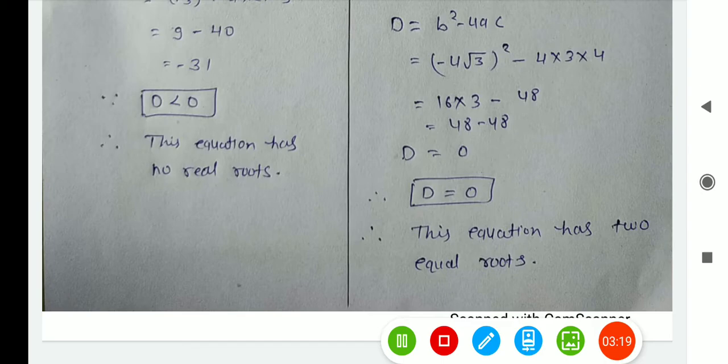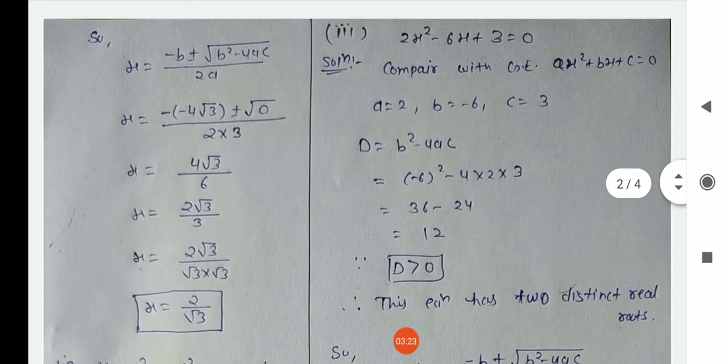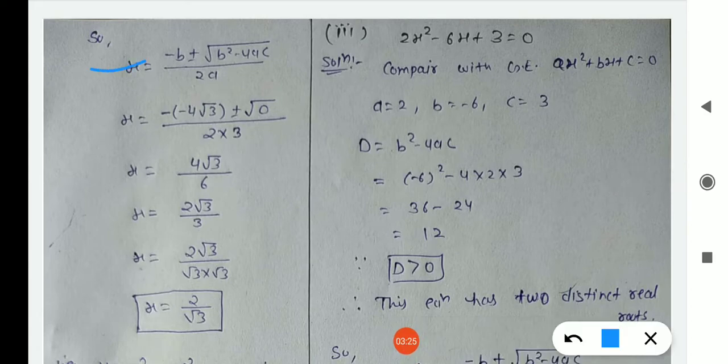It means the equation has two equal real roots, and if real roots exist, then we find them. So we use the quadratic formula: x equals minus b plus minus under root b square minus 4ac upon 2a. Here minus b is 4 root 3, plus minus the discriminant, which we already calculated is 0. So x equals 4 root 3 upon 6. Dividing by 2, we get 2 root 3 upon 3.